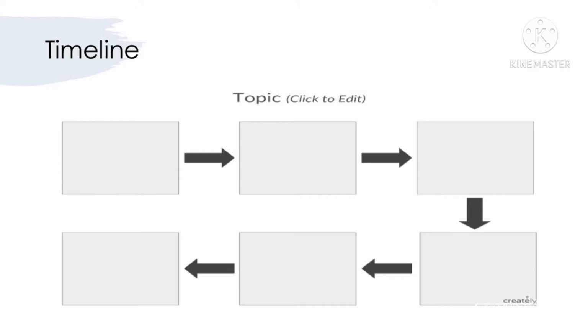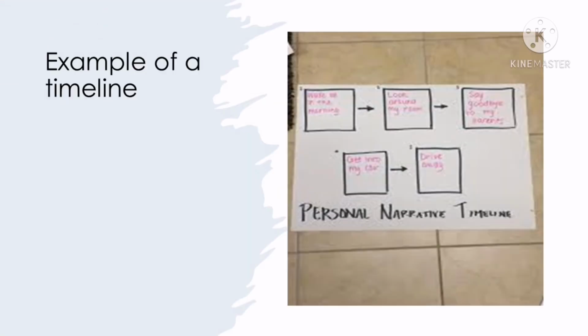On the diagram below, we can see several boxes connected by arrows. Those boxes are the places where we can put the significant events, and the arrows show how connected they are, or the flow of that particular timeline. This is an example of a timeline.